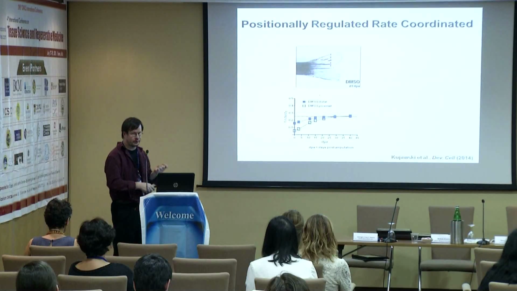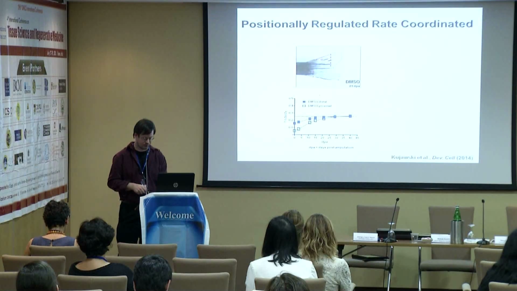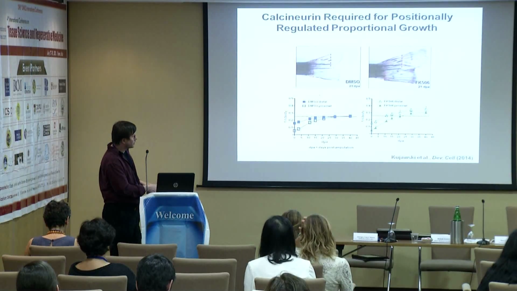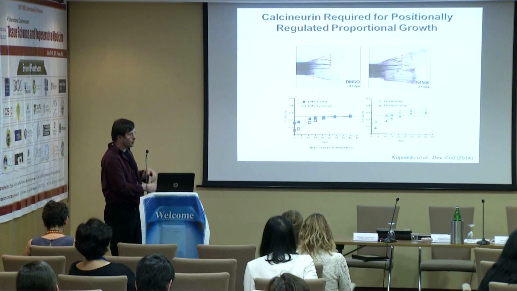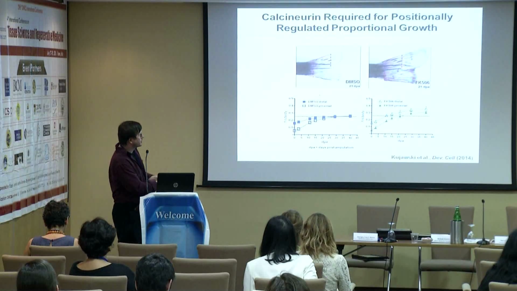So then the question becomes, if we inhibit calcineurin, how do we influence this coordinated growth? And what we find is we basically lose it, so that irrespective of where we cut, whether distally or proximally, they grow at the same rate, so that we override or we lose this positional control of growth rate, so that one lobe cannot catch up with the other, as we have here.